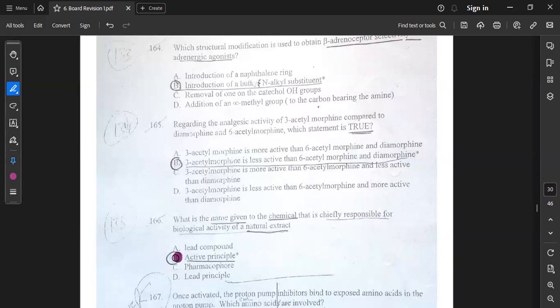What's a pharmacophore? What's a lead principle?